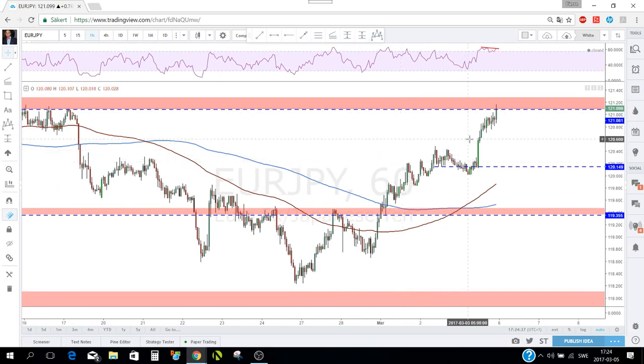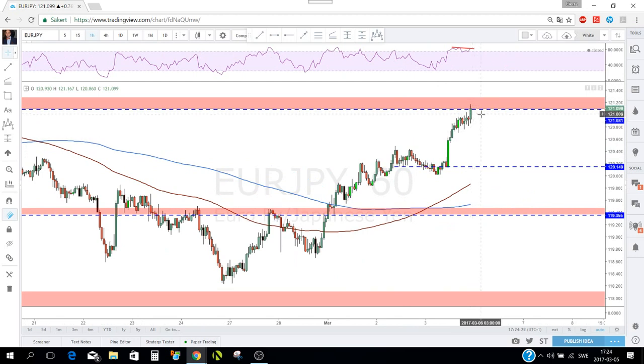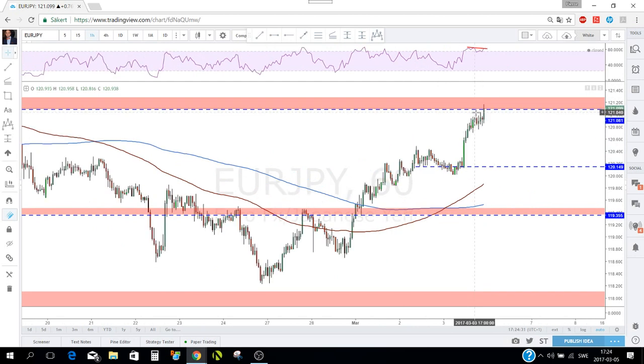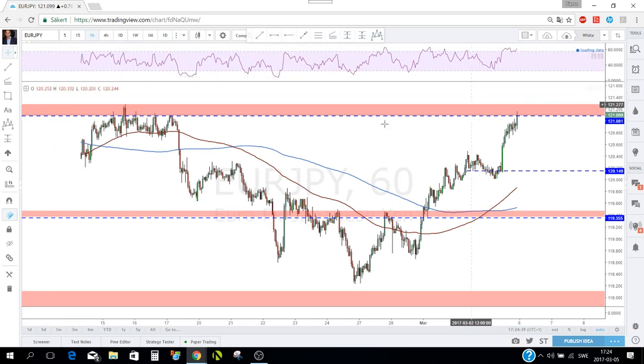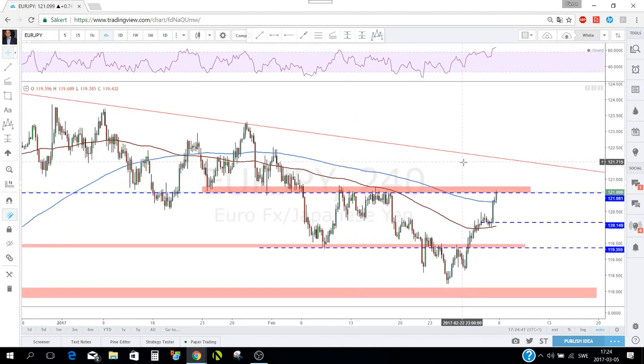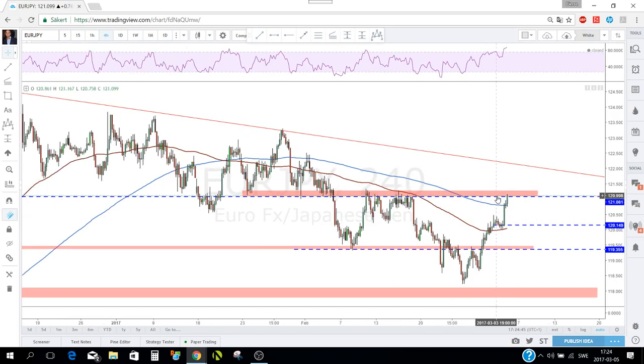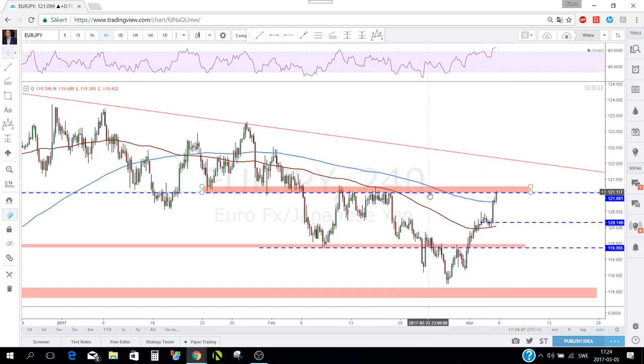If you want to see a pin bar or a double top, head and shoulders, it depends on what your entry trigger is. But don't forget, guys, the up move was very, very strong, and you should be careful trading this to the downside already. So wait for a clear signal before you short this one.